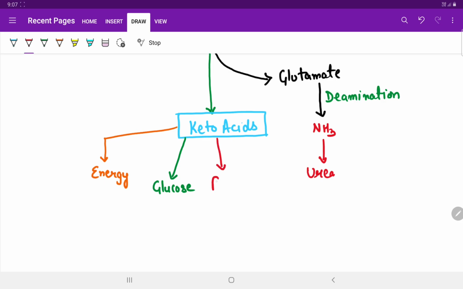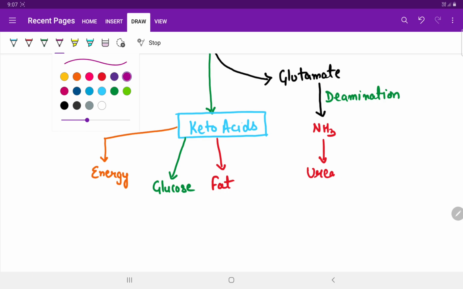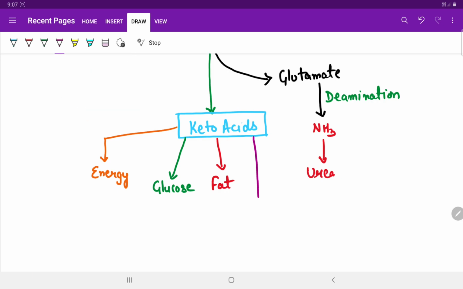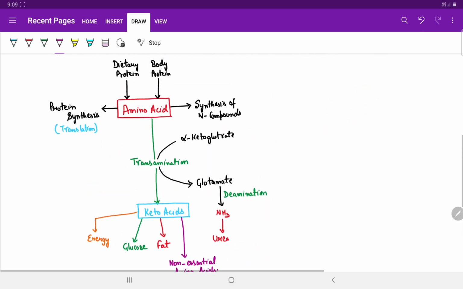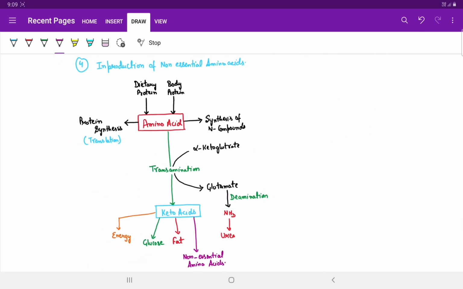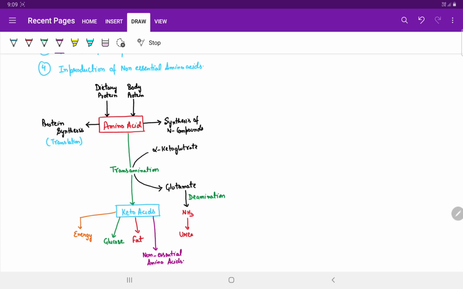They also synthesize fat, or they are utilized in the ketogenesis process and in synthesis or production of non-essential amino acids. So students, this is the general overview of the metabolism of amino acids.